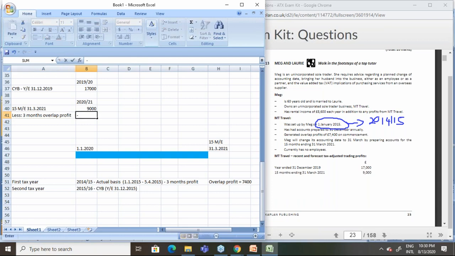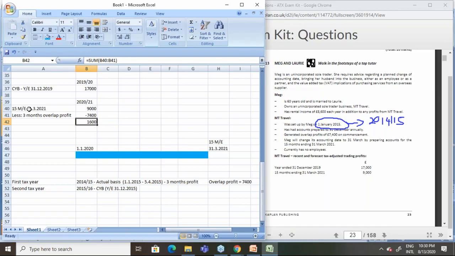So here, 7,400, you can get a relief, and the amount taxable for this period would be only 1,600. So after changing the accounting date, the 2021 assessable profit will be 1,600.